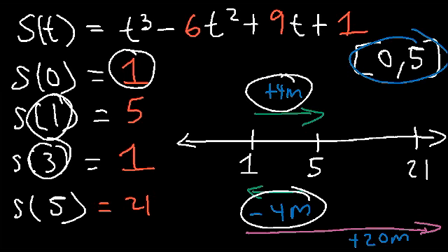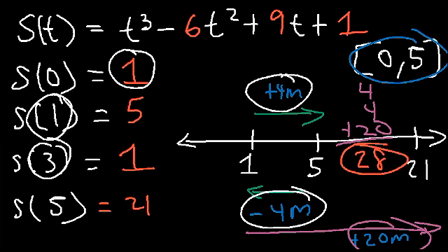So any negative numbers that you see in this particular instance, make it positive if you wish to calculate the total distance. So we have 4 plus 4, and this is 20. So the total distance traveled is 28. And so that's how you can find the total distance traveled by an object. That's all you need to do.